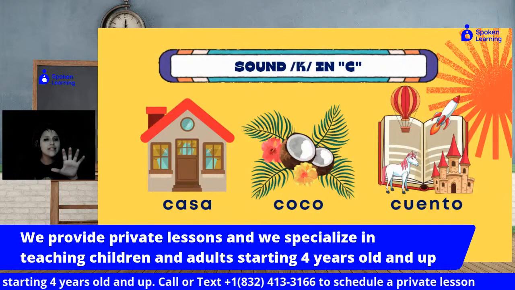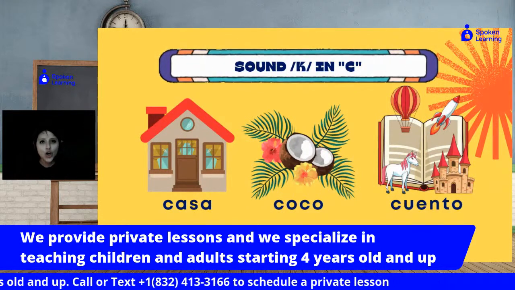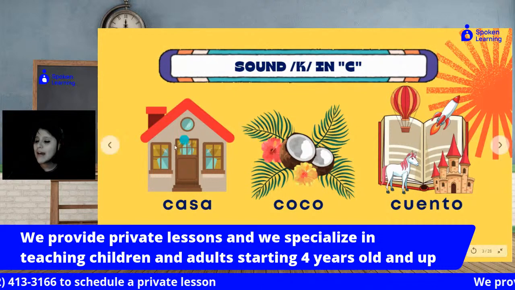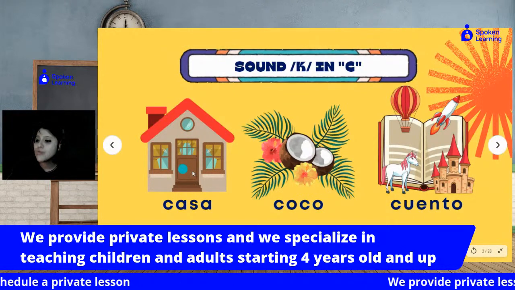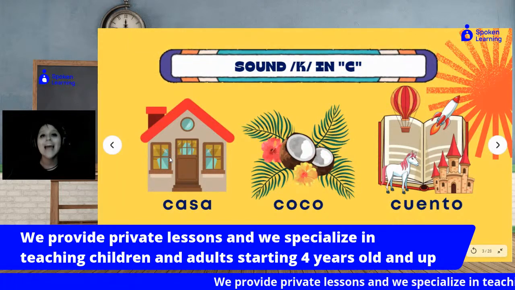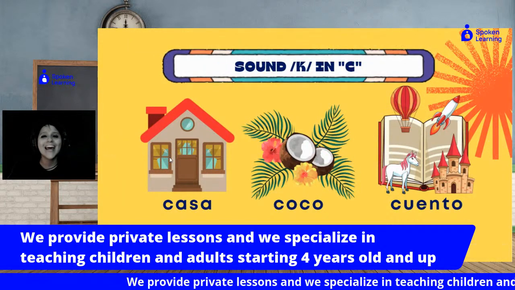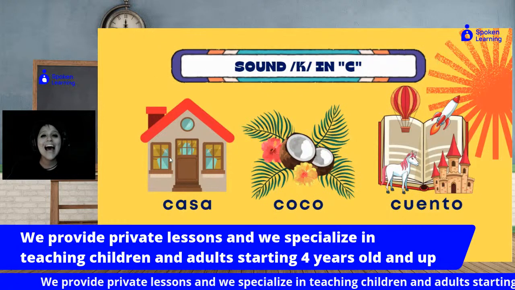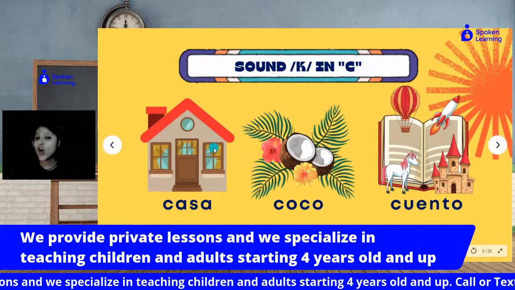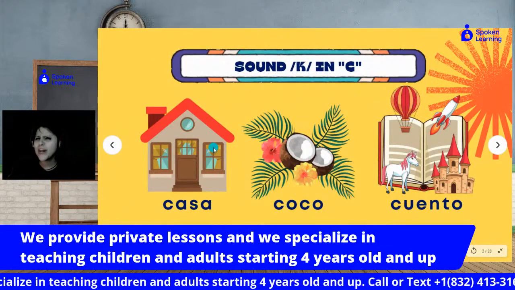So let's review the examples for the k sound with letter C. The first example I have over here is with vowel A, and it's casa. Repeat after me. Casa. Good. Our second example is coco. Coconut, right?